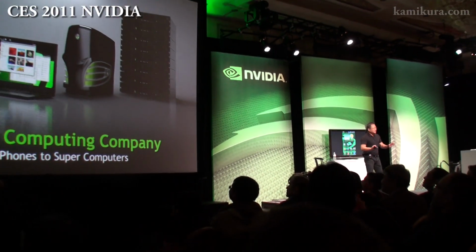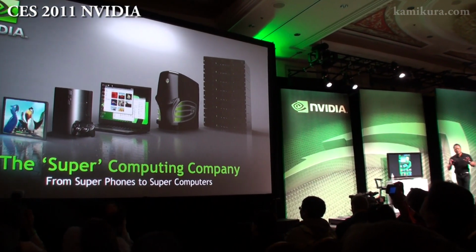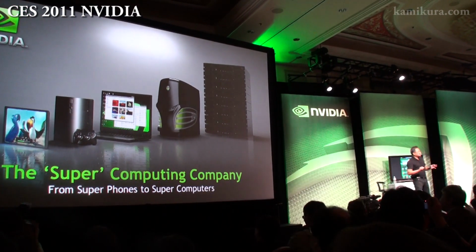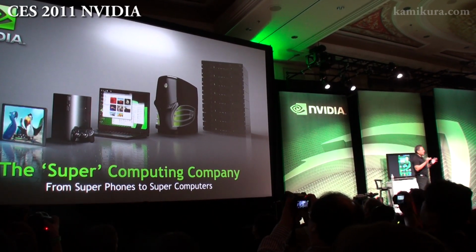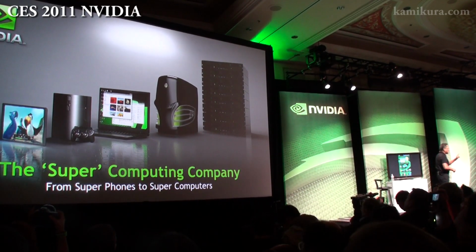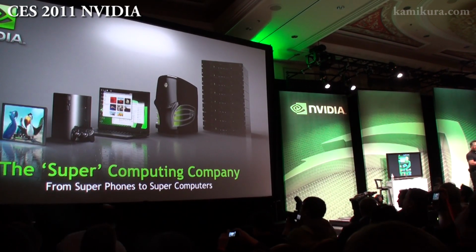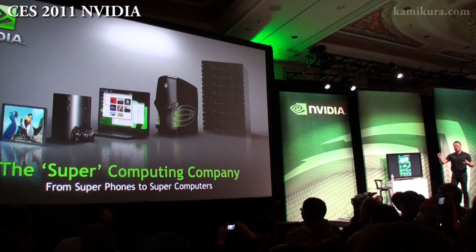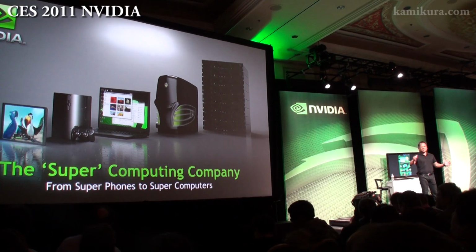Okay. Well, let me quickly do this part. We have a really big announcement that we'd like to make. Unfortunately, we had so much stuff to go through today that we didn't have enough time. But we've shown you the smallest device that NVIDIA has ever made. NVIDIA is a processor company, and our processors are used in a range of devices that range now from superphones all the way up to supercomputers.